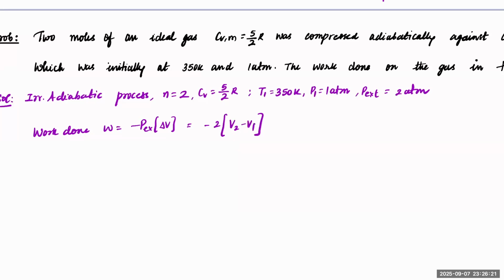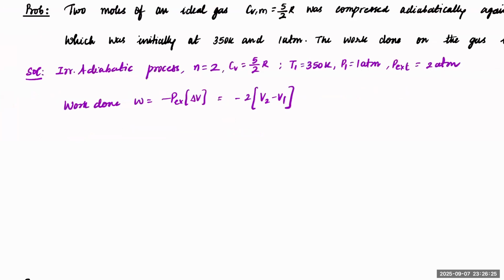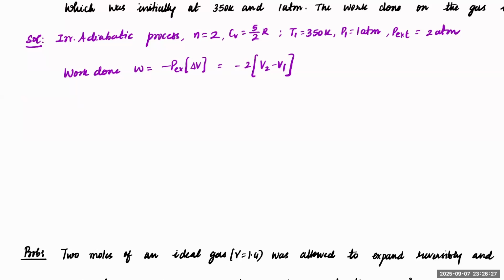In such a case, there is one thing we can do. This is something I told you earlier. For an irreversible adiabatic process, we have only one equation: work done is equal to delta U. This is the only information we have.